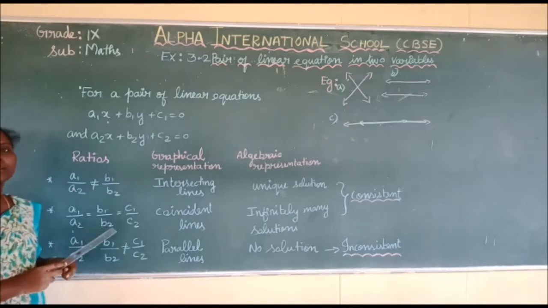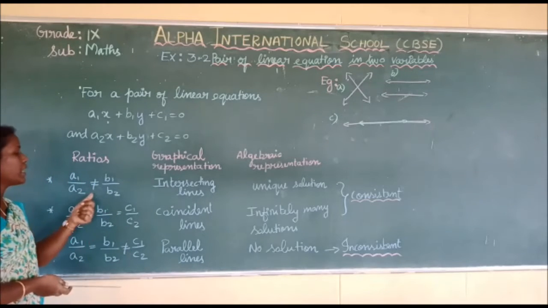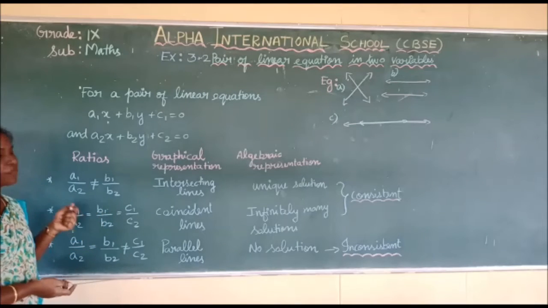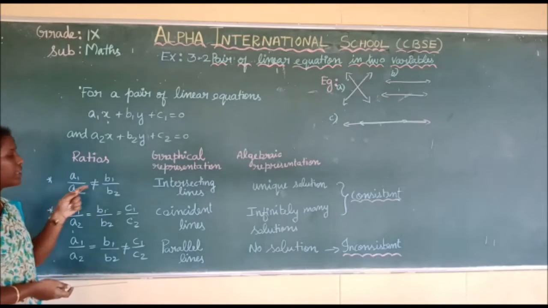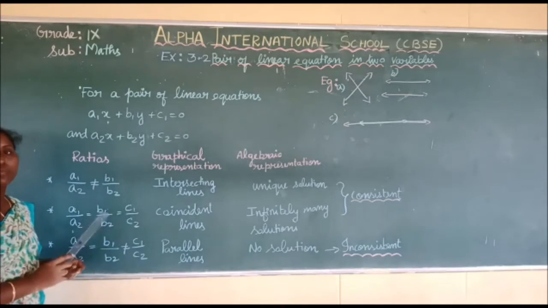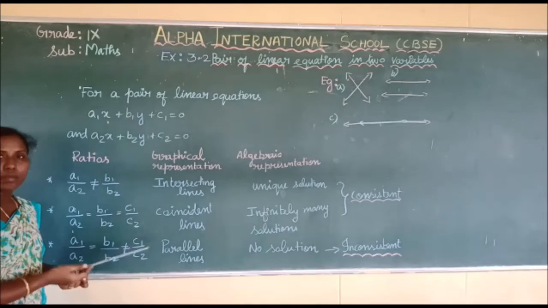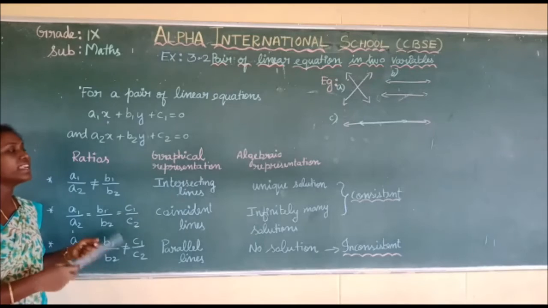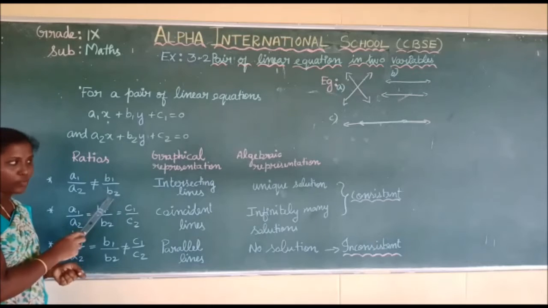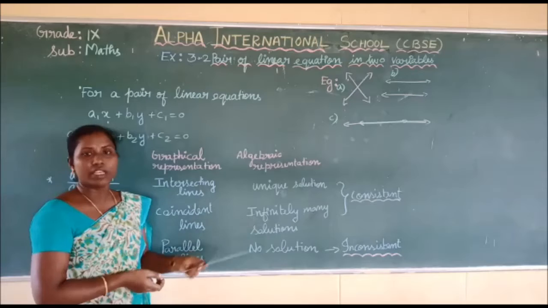If you are finding the ratios for the coefficients and you are getting a1 by a2 not equal to b1 by b2, for example, 3 by 2 for a1 by a2 and here I got 1 by 2, they are not equal. Without the graph, by analyzing the coefficients, without taking points and plotting them on the graph, you can directly say what the graphical representation of that pair of linear equations will be and what the nature of the solution will be.